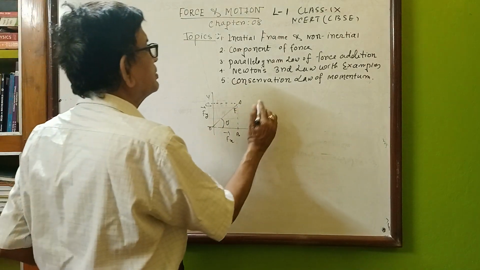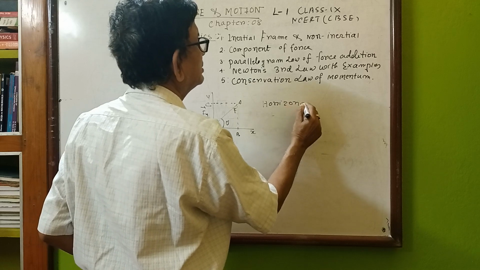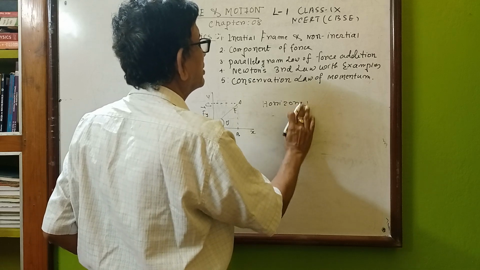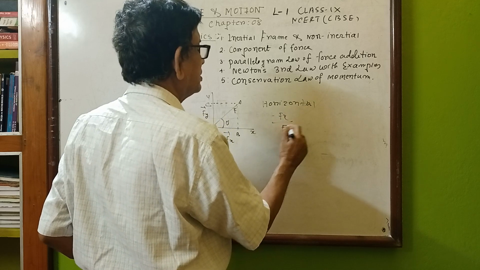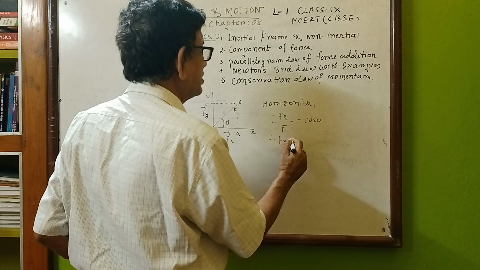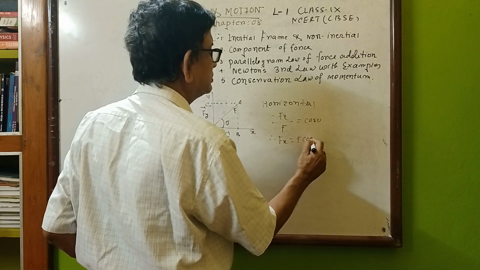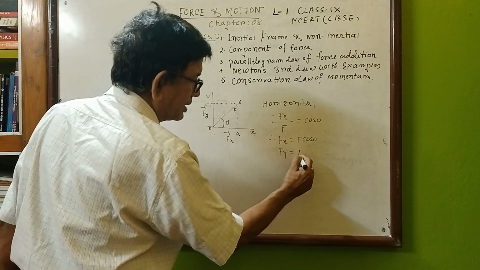Horizontal component: Fx by F equals cos theta, or you can write Fx equals F cos theta. Similarly, Fy equals F sin theta.